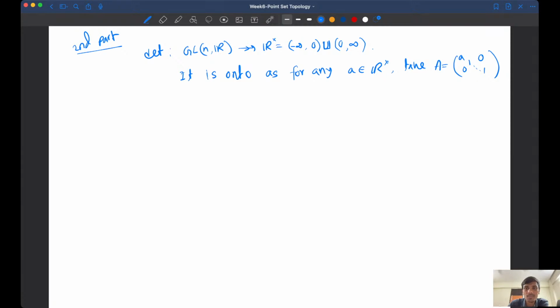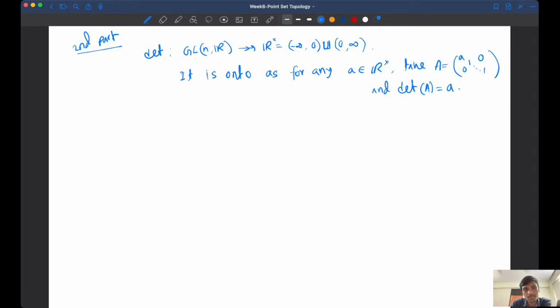Okay, so A and data equal to A. Fine, so this is onto and continuous, as by the definition of this determinant, it is a polynomial function in n square variables, right?